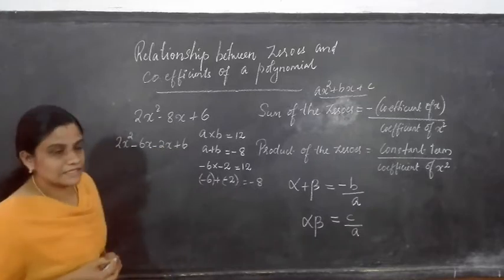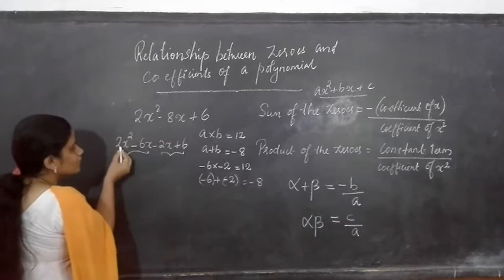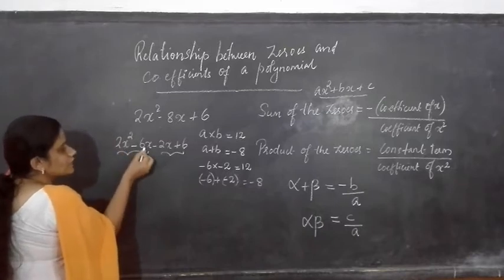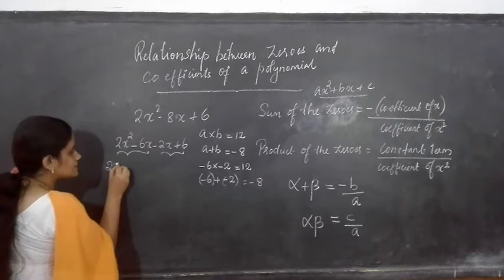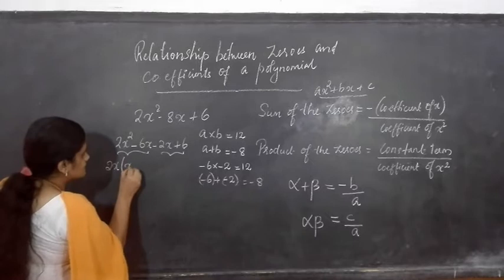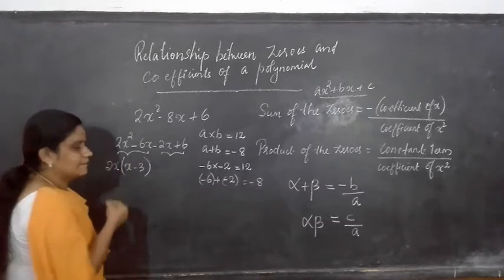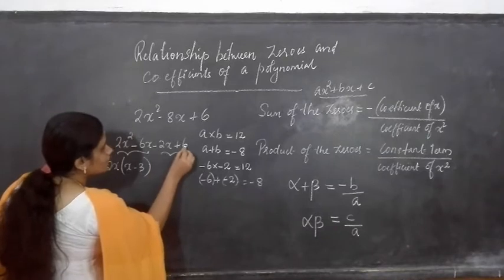Now we can pair it. In the first two terms, what is common? 2x is common. We can take that outside, so what do you have? x minus 3. The next two terms: what is common?